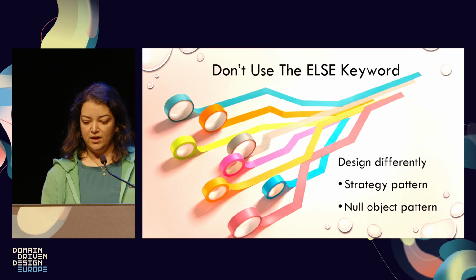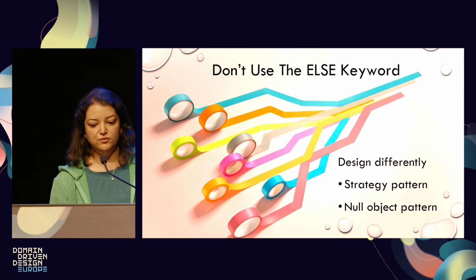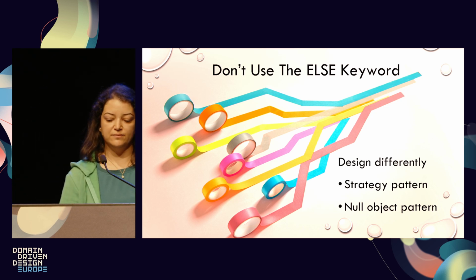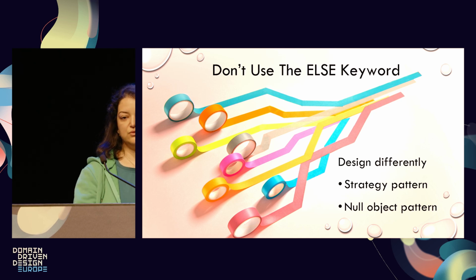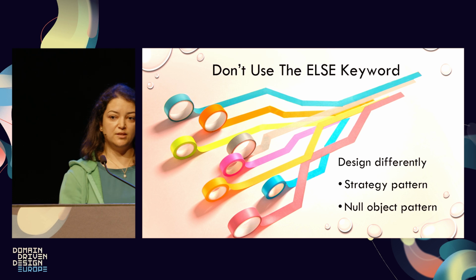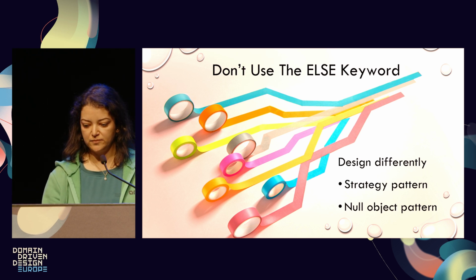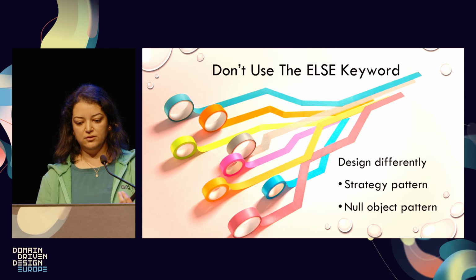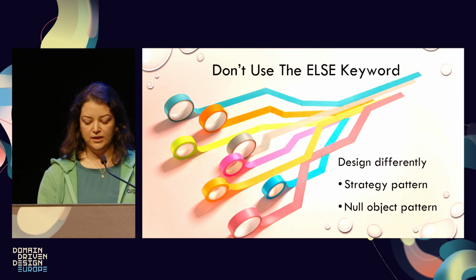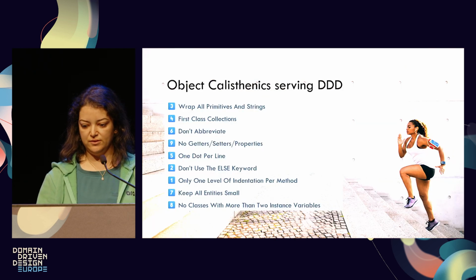So this rule, in my point of view, invites you to design differently. Perhaps you can use the strategy pattern instead, or a null object pattern in some cases. So really try to apply this rule, and you will see the code will be completely different.